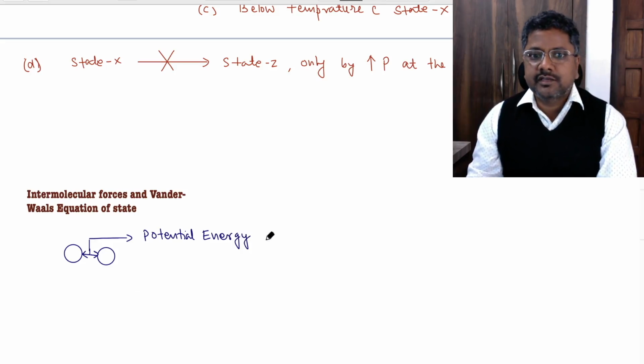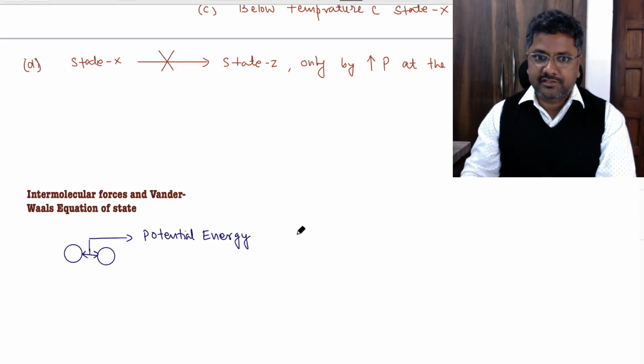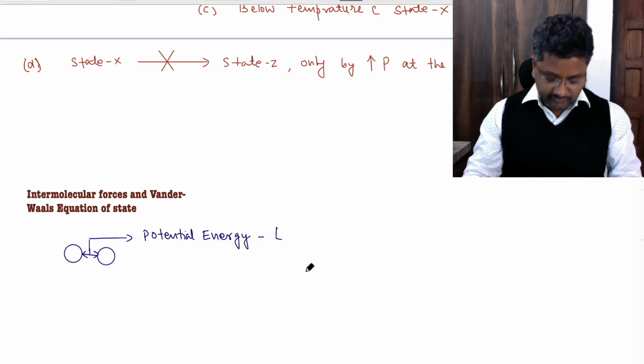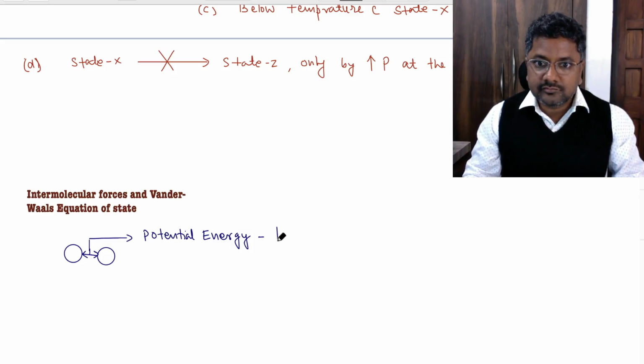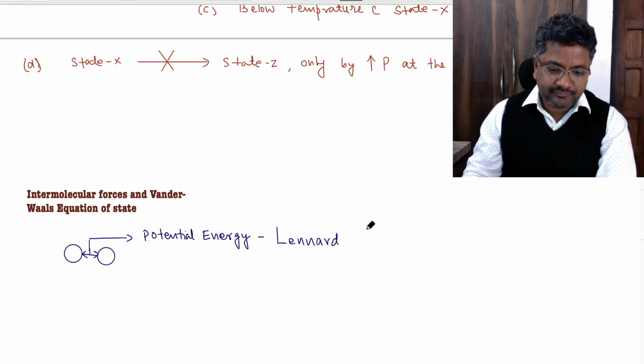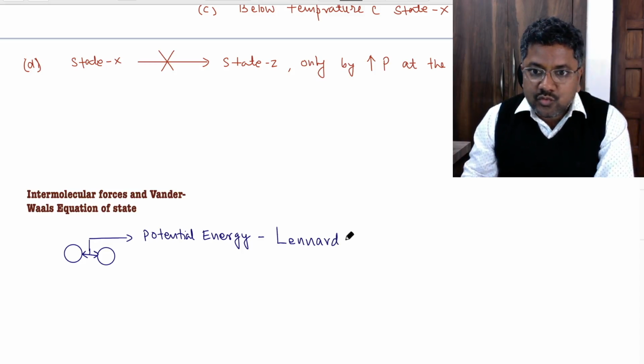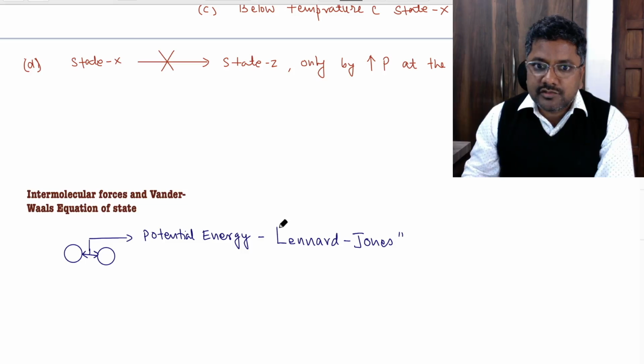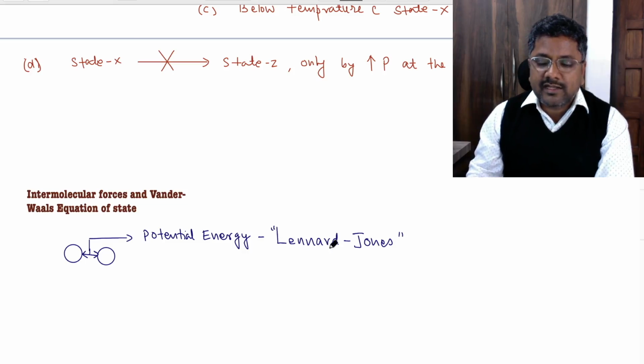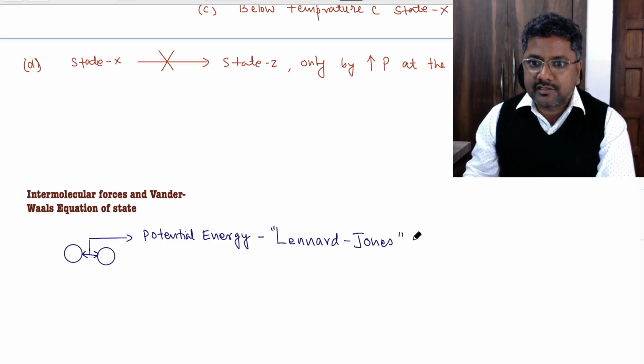So regarding these intermolecular forces, Lennard-Jones has suggested two parameters. The name of the scientist is Lennard-Jones. Lennard-Jones suggested two parameters for this potential energy.